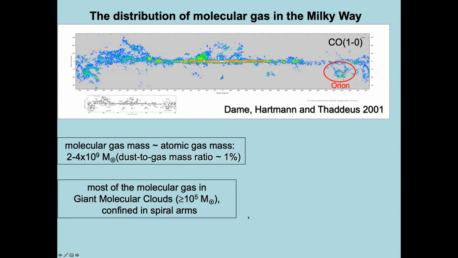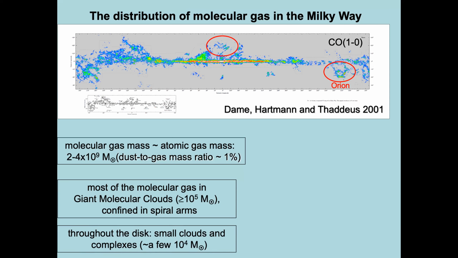Most of the molecular gas in our galaxy, but also in other galaxies, is located in the so-called giant molecular clouds. They're giant because they're massive, of the order of 10^5 solar masses or more, and they are typically confined to spiral arms, in spiral galaxies like our own.